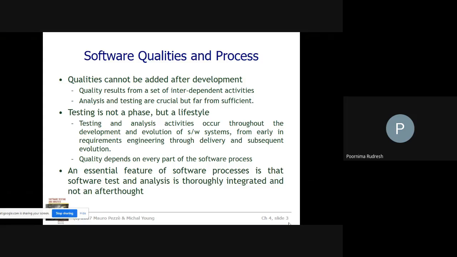In all these steps the testing and analysis must be there, because testing is not a phase, it is a lifestyle, and this lifestyle we have to follow throughout the software development process.